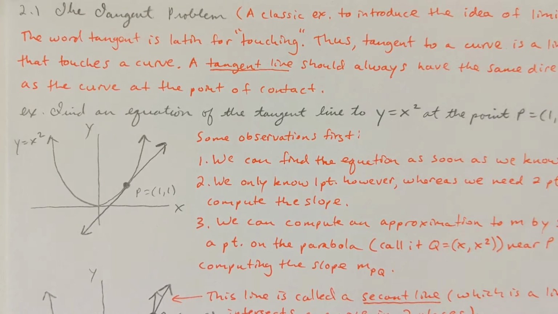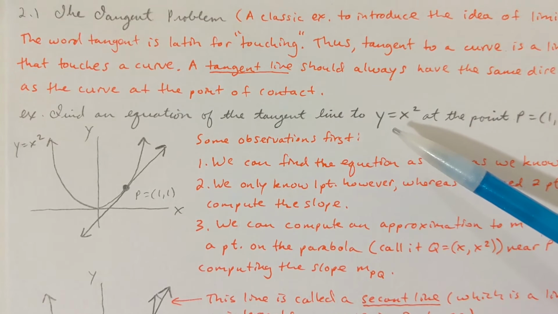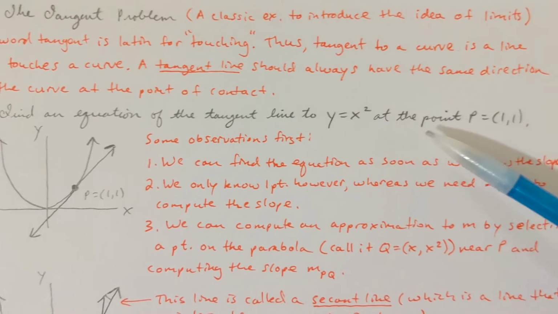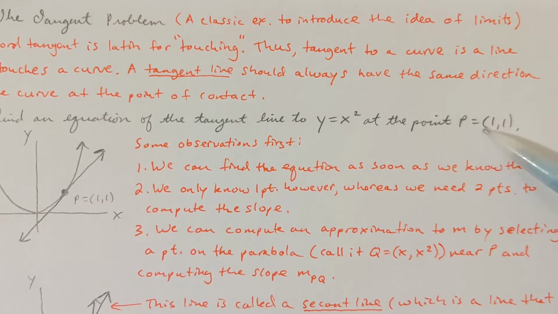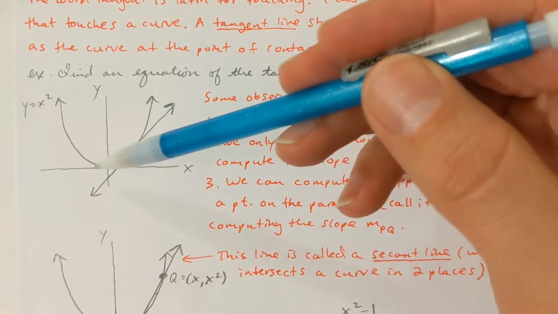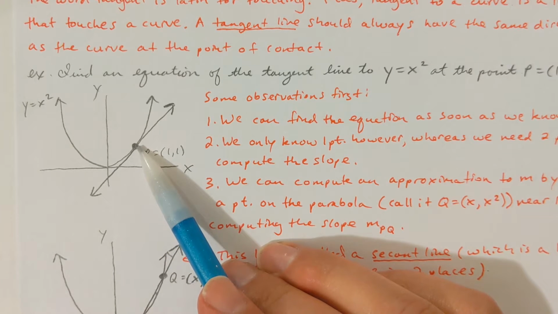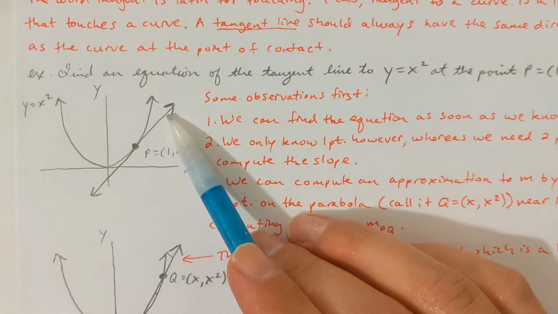But if we take a look at an example here, suppose that we want to find an equation of the tangent line to the parabola y = x squared at the point (1, 1). And I'll call that point P. Well, so I've drawn the square function y = x squared, and I've labeled point P, which is on the parabola, and I've drawn a tangent line.